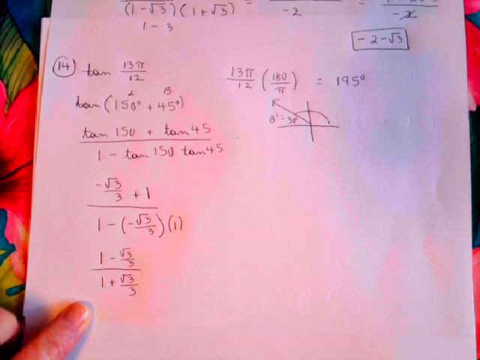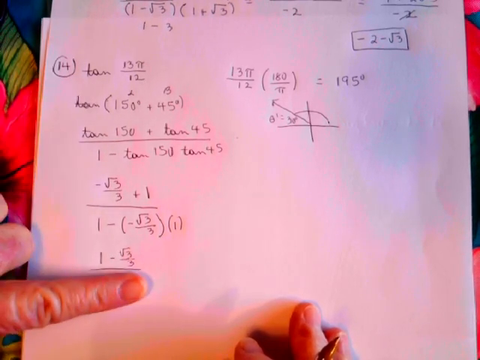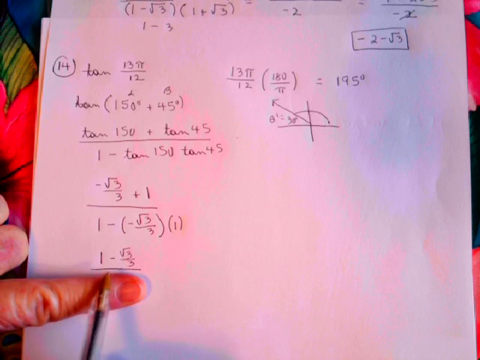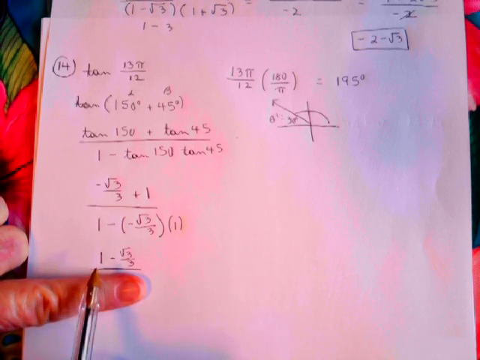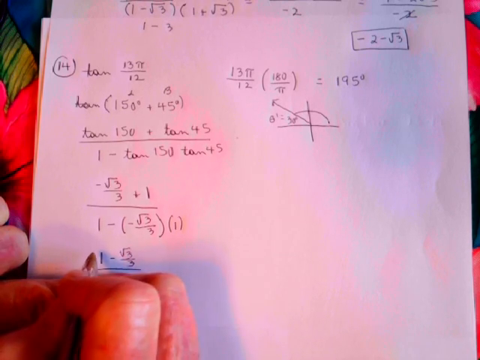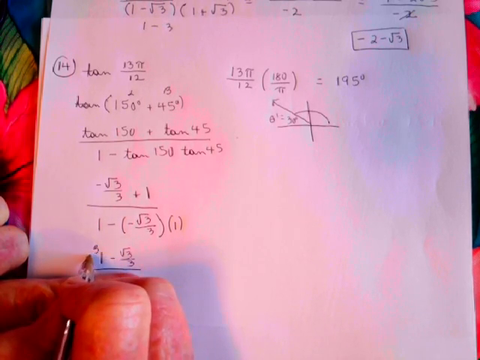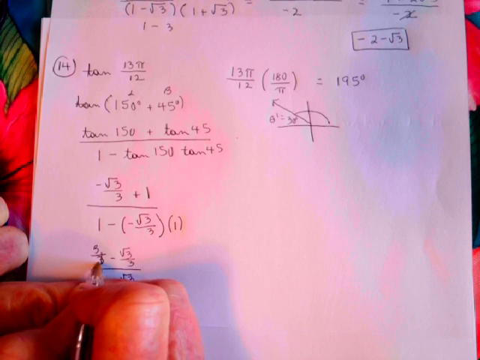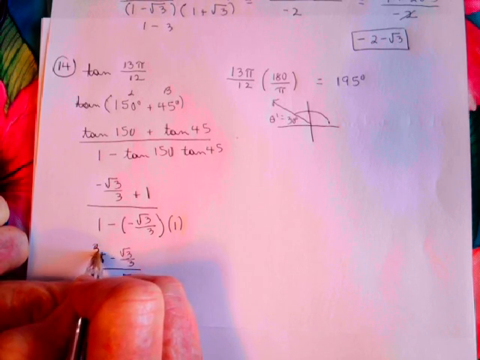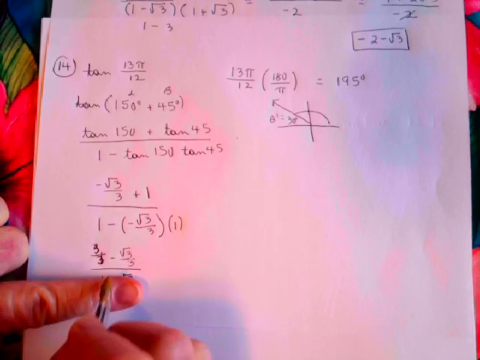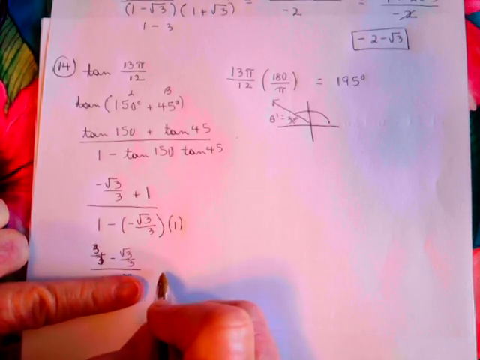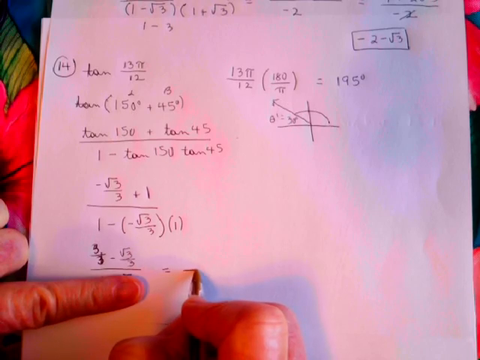I'm going to simplify the numerator and denominator separately. If I want to combine these two terms, that one can be rewritten as 3 over 3. I've done that so that I can add it to my other term that I have in the numerator.